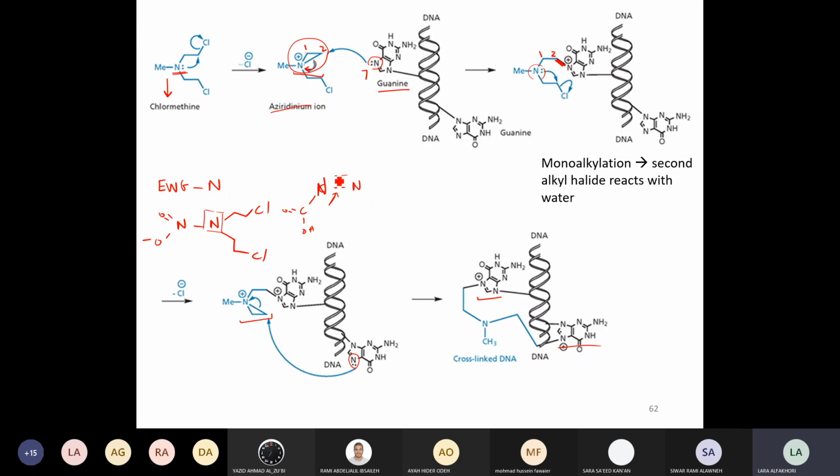In that case, the electron withdrawal will be only via the inductive effect.